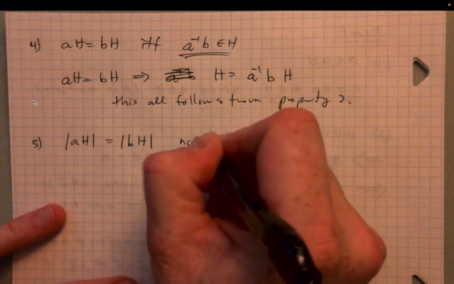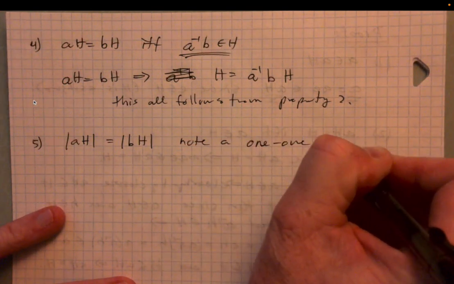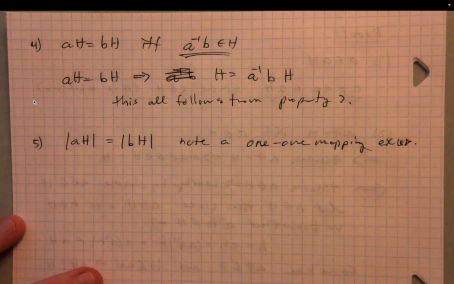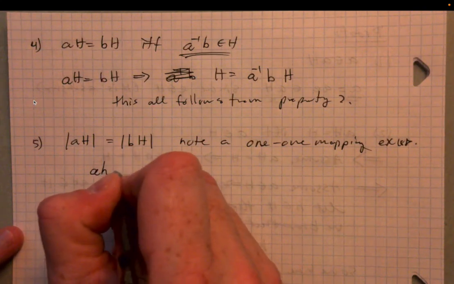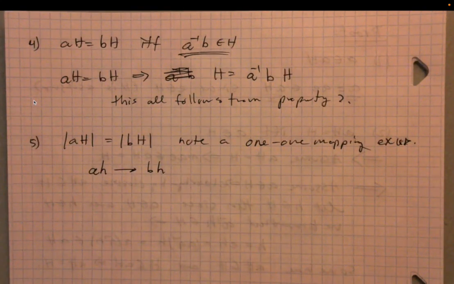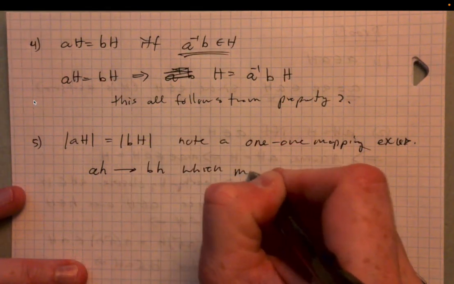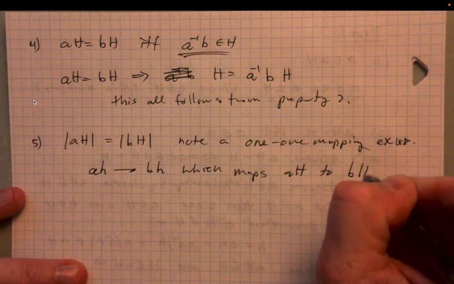So note a one-to-one mapping exists, and the one-to-one mapping says take the element H from AH and map it onto BH. Obviously, this maps AH to BH.